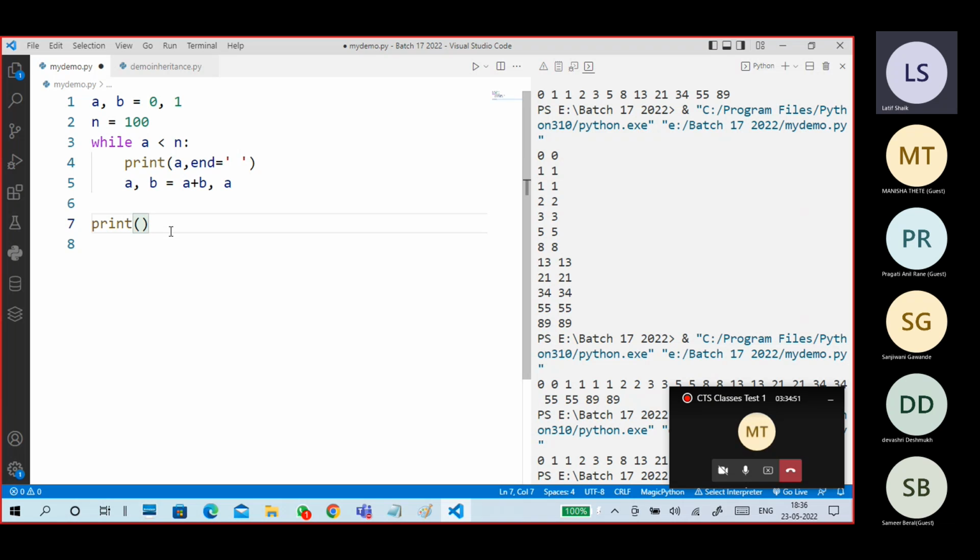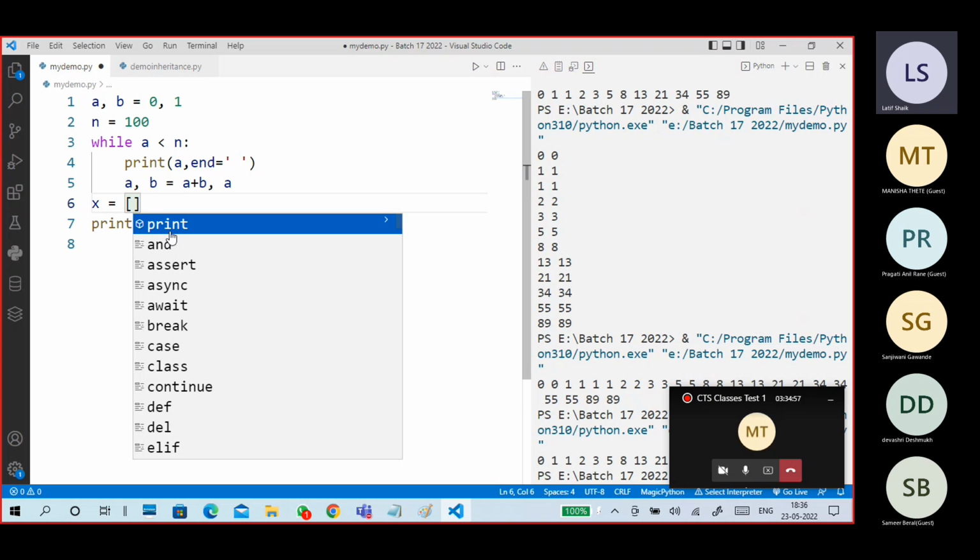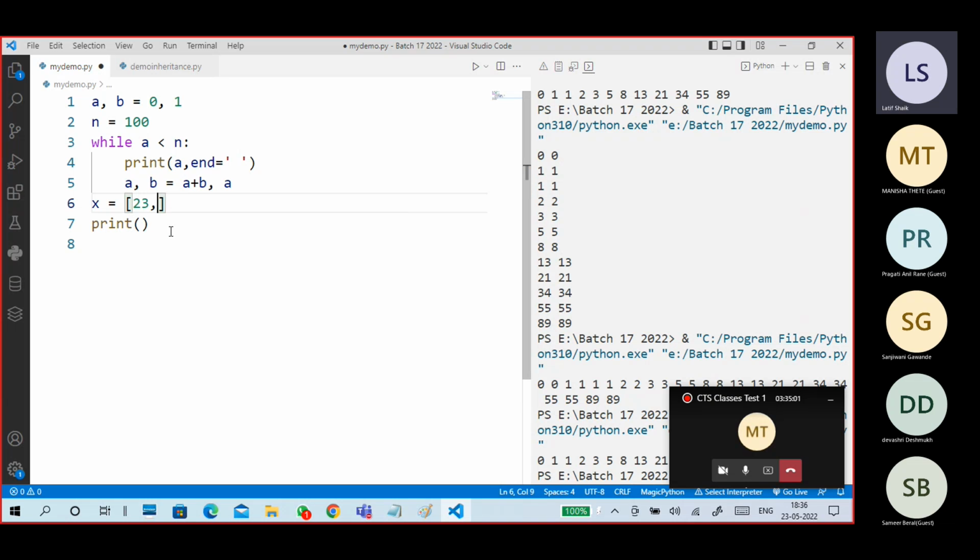For example, you want to print something. I have x is equal to some list. Some easy numbers I'm putting for understanding.